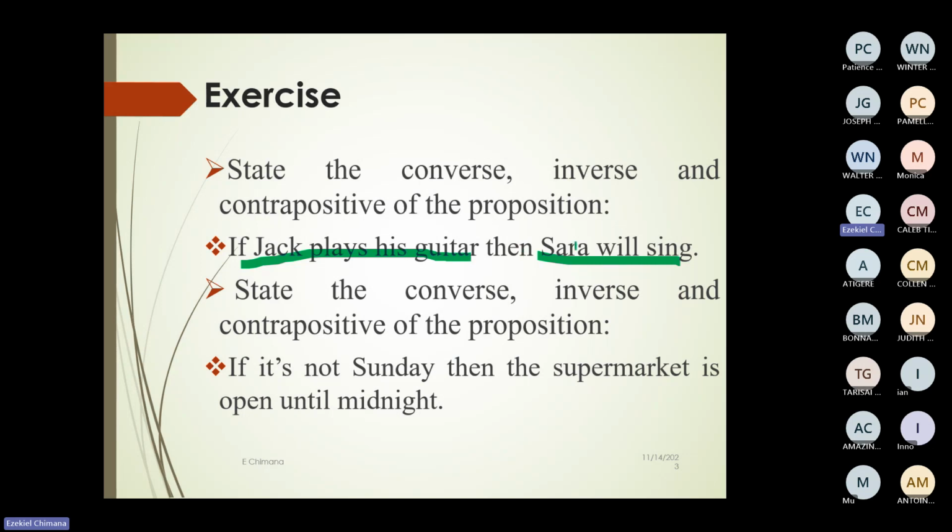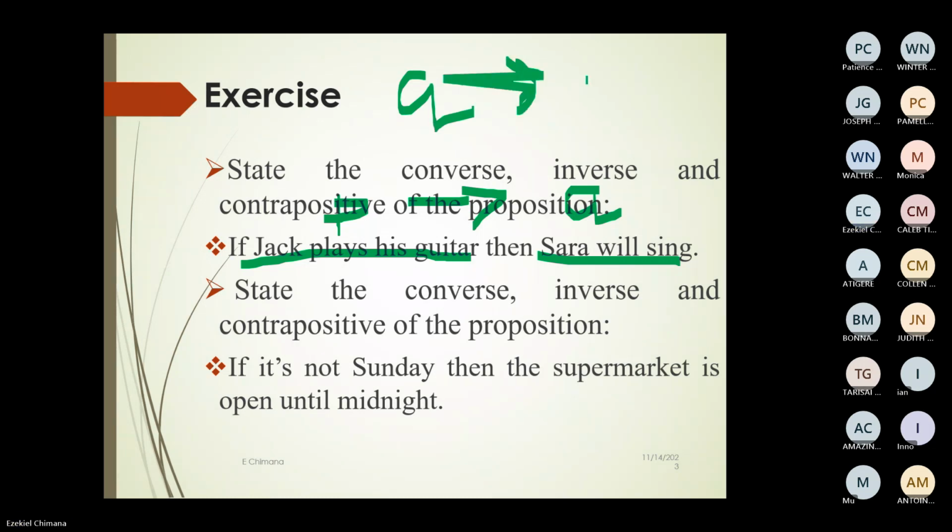This one is P, and this one is Q. So we are saying P implies Q. And when you're saying the converse, you now have Q implies P, which means if Sarah will sing, then Jack plays his guitar. Remember, Q implies P. We are using the if, the conditional statement. So your statement is not if-then.